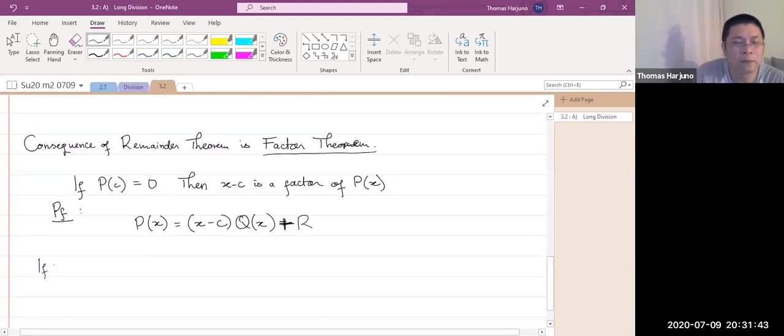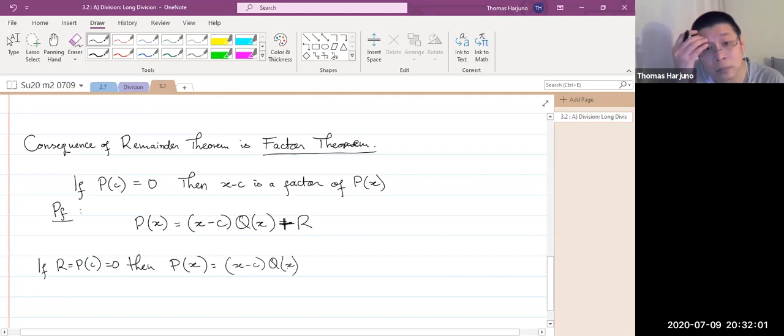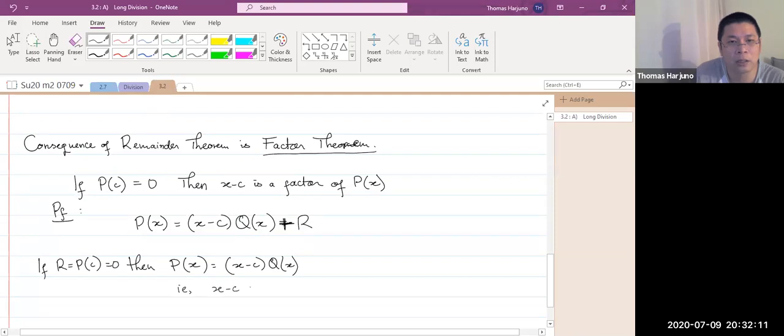If r, which is P(c), equals 0, then P(x) equals x minus c times Q(x). And by definition, then x minus c is a factor of P(x).